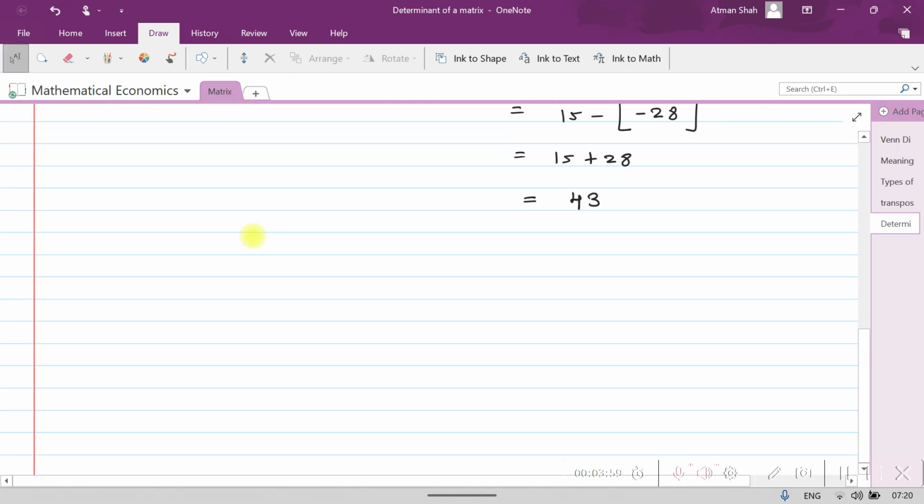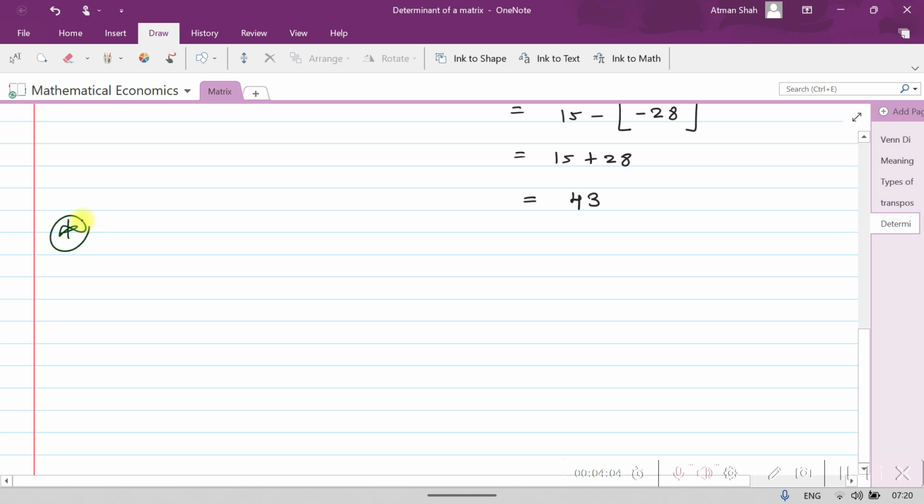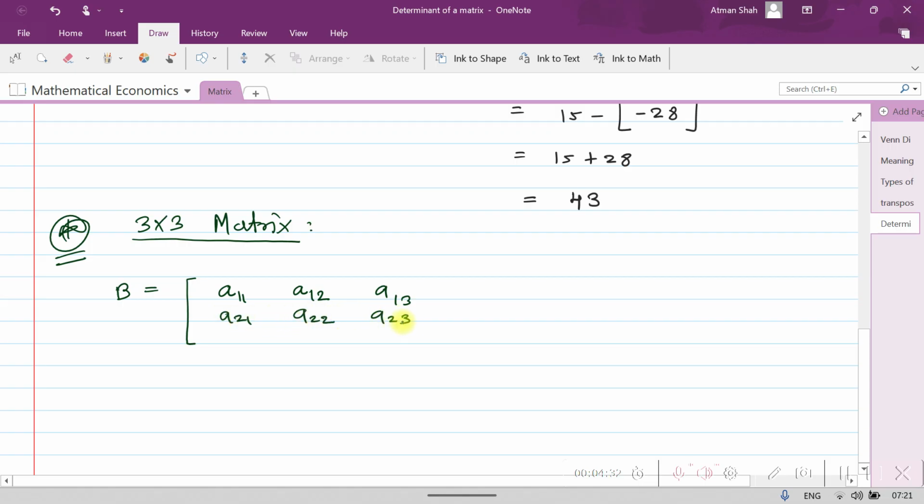Let's see the 3 cross 3 determinant. Determinant of a 3 cross 3 matrix. So now we know that matrix B is [A11, A12, A13; A21, A22, A23; A31, A32, A33].